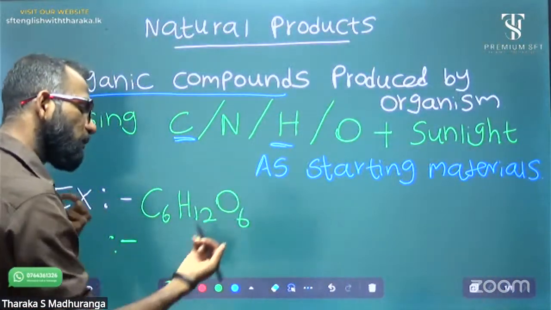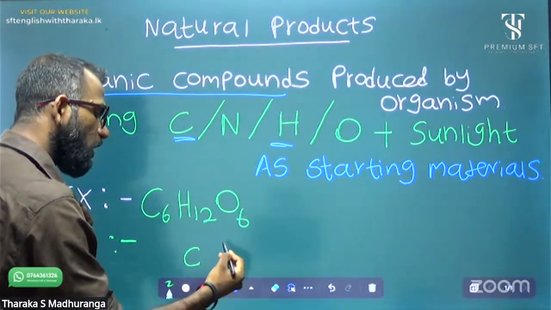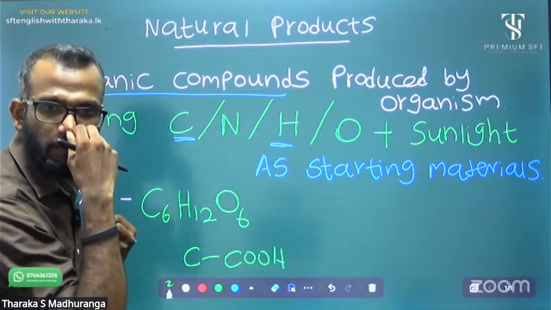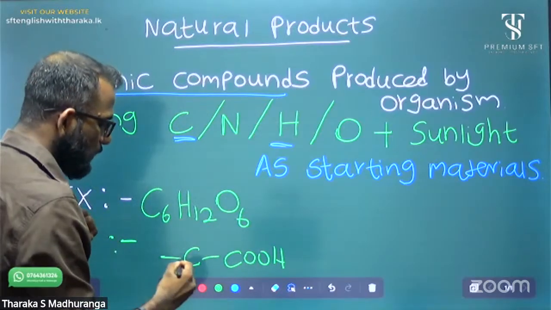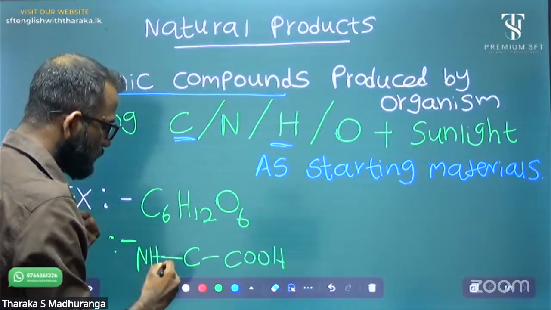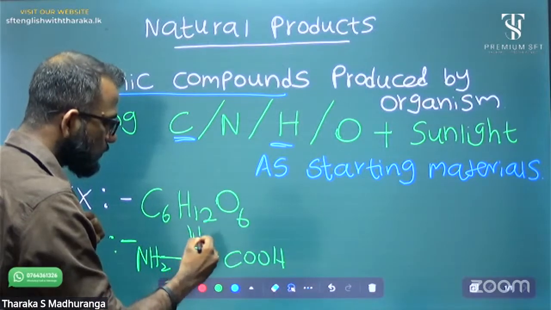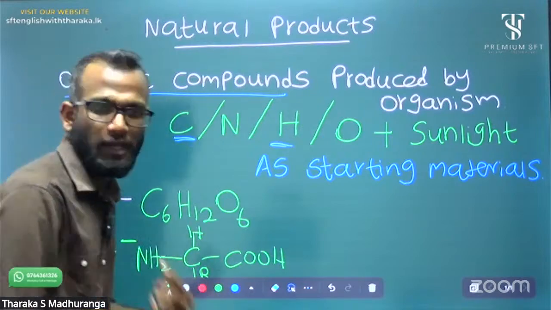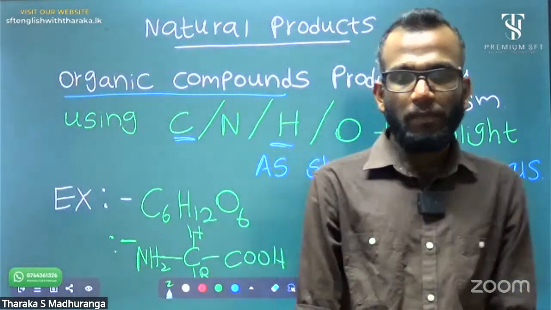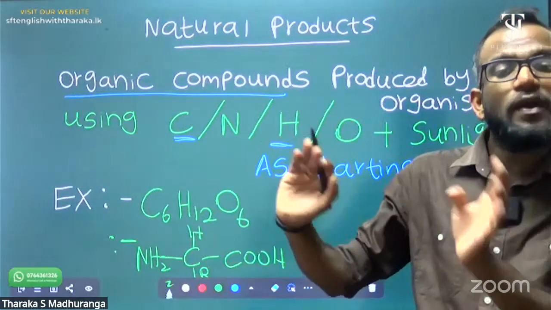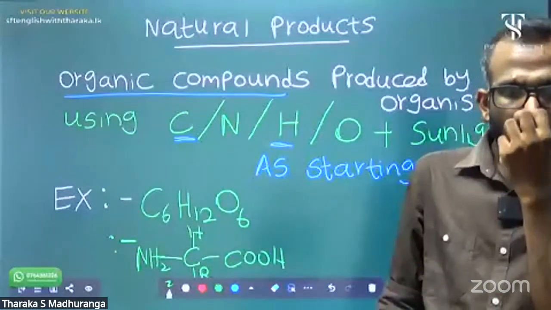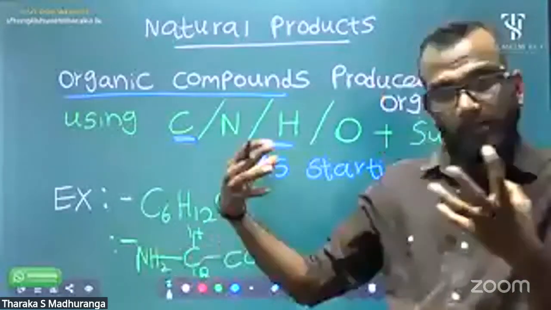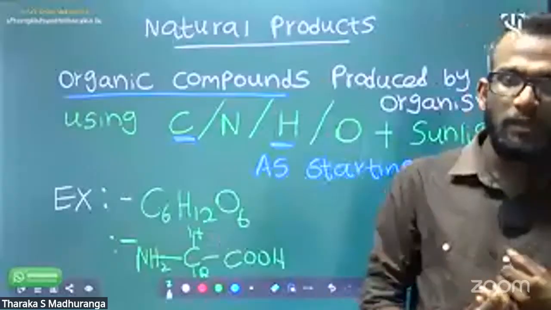What is the structure of an amino acid? A carbon with a carboxylic group, an amine group NH2, a hydrogen and an R group, the R being a carbon chain. This is the common formula of an amino acid. It contains carbon, hydrogen, oxygen, nitrogen, and it is produced due to sunlight in the photosynthesis reaction.